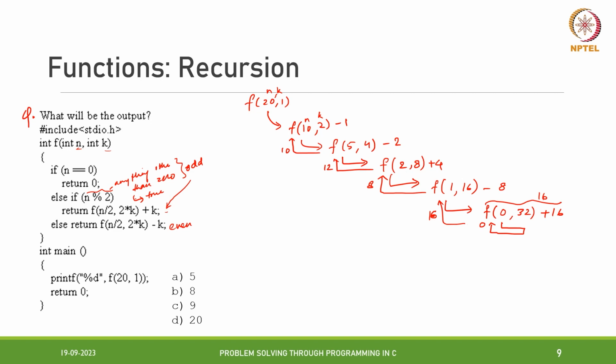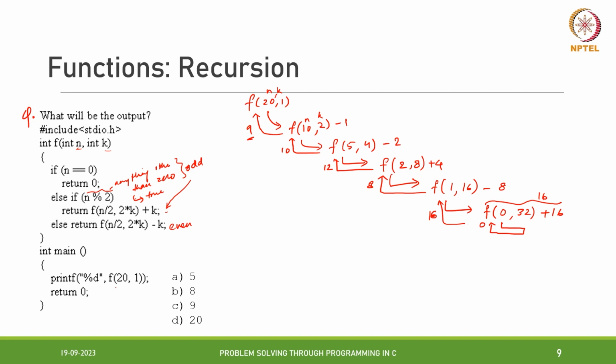Right? Now 10 minus 1, 9. So this returns 9. So when we call f of 20 comma 1, finally what is the value returned to it? 9. 9 is the value that is being returned to it.